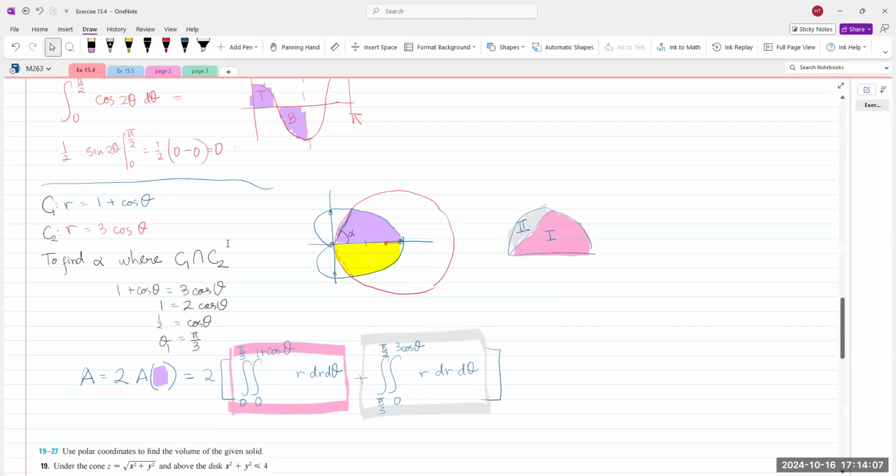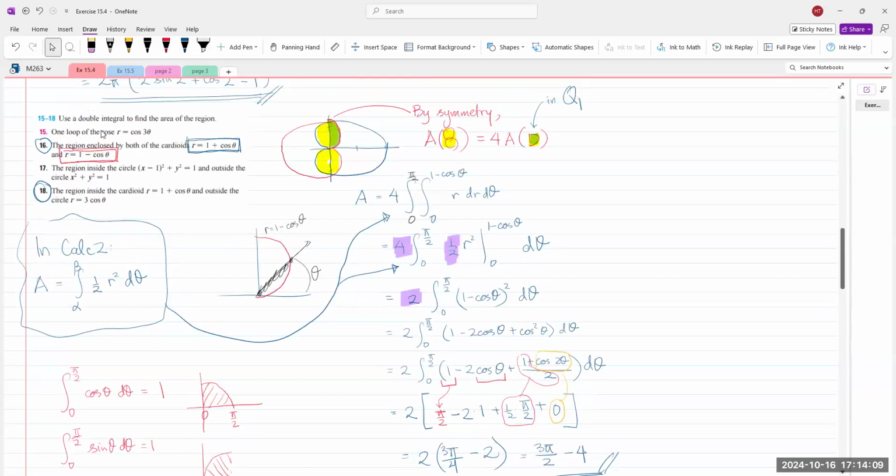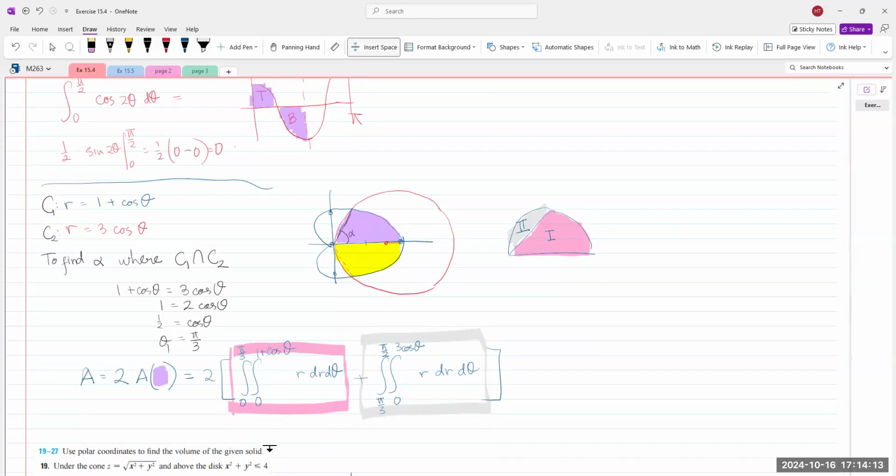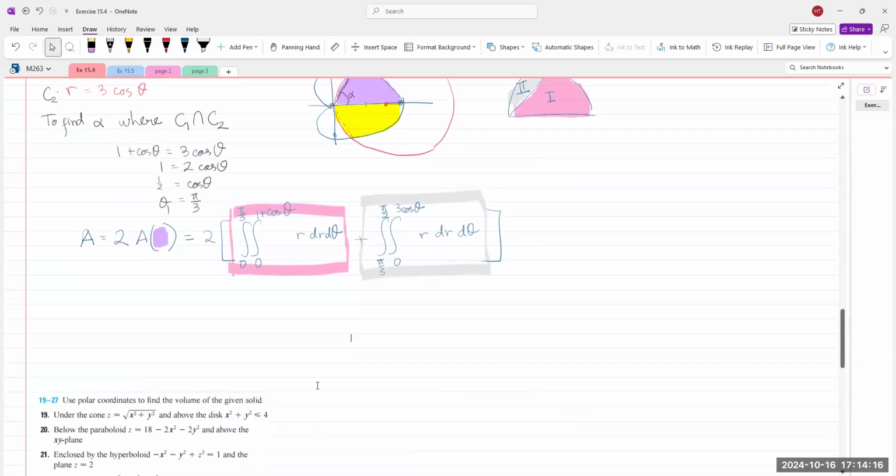Now let's see, do I need to compute it or just set it up? Well, we need to find it, so I'll work it out, which is not really a big deal.